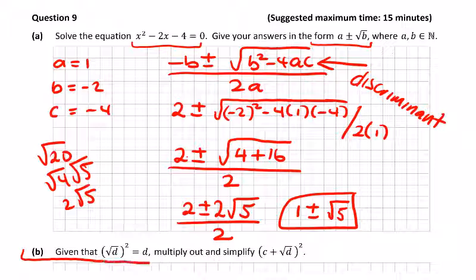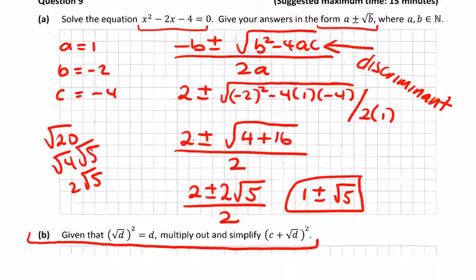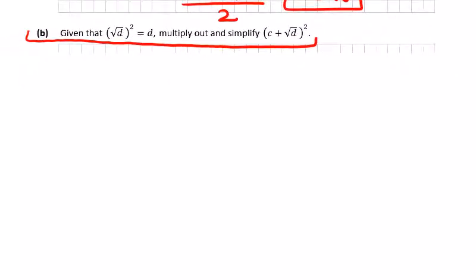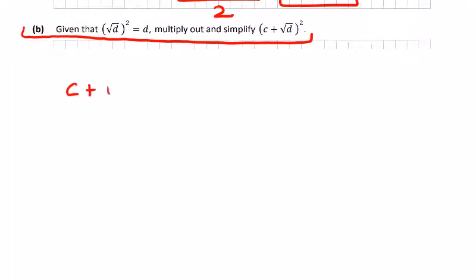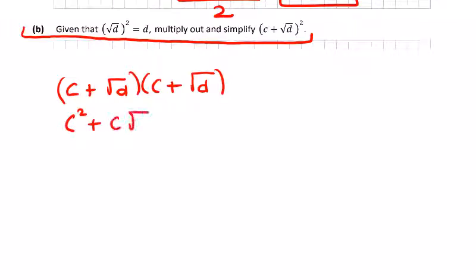Part B, given that the square root of d squared is equal to d, multiply out and simplify this guy. Well, c plus root d to be squared. But they want us to multiply it out and simplify it. So just write it like this. So we're going to get c squared plus c times root d.